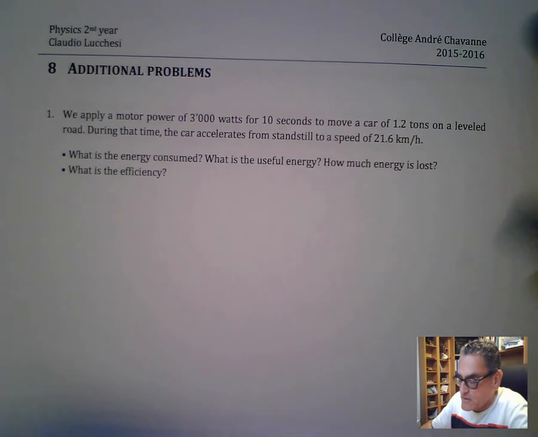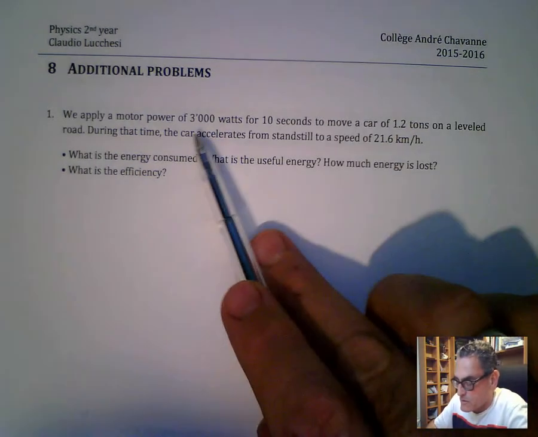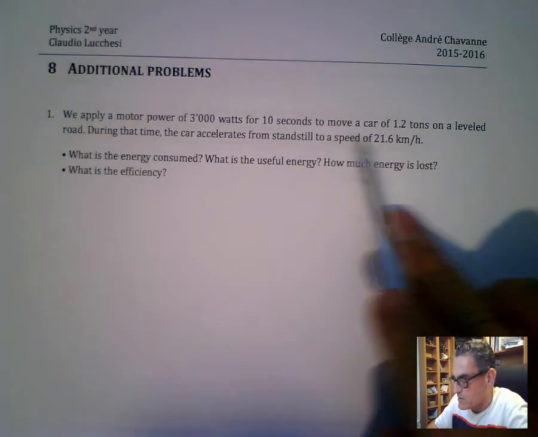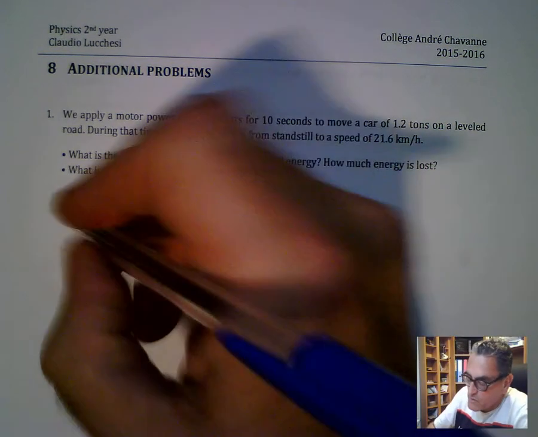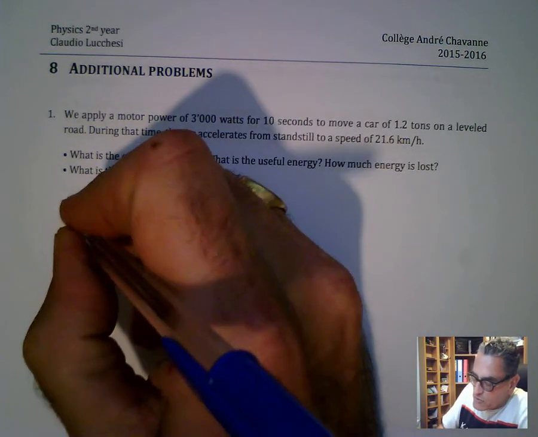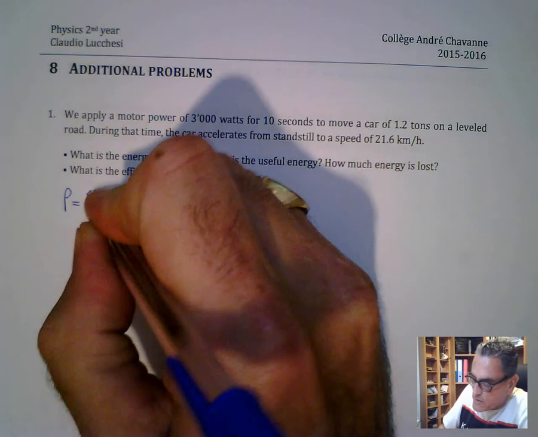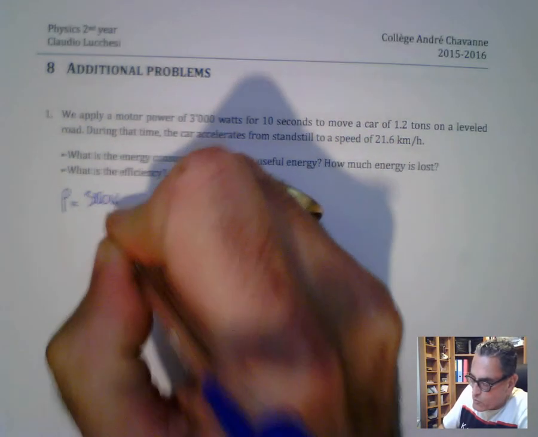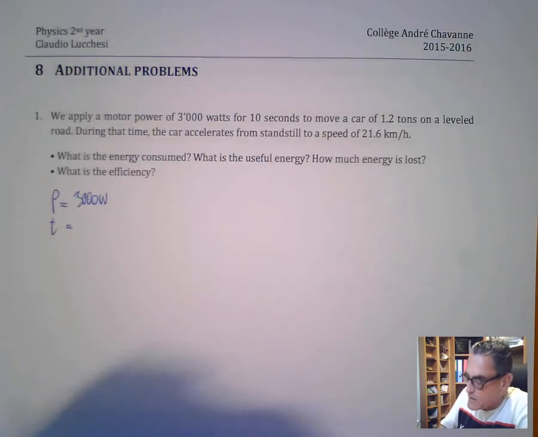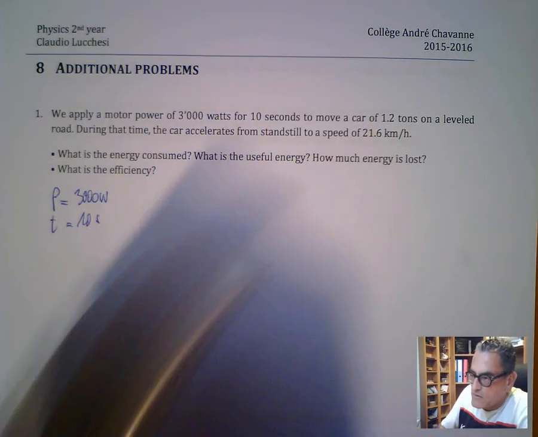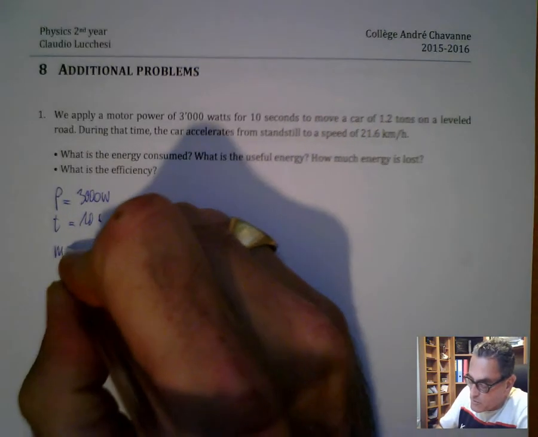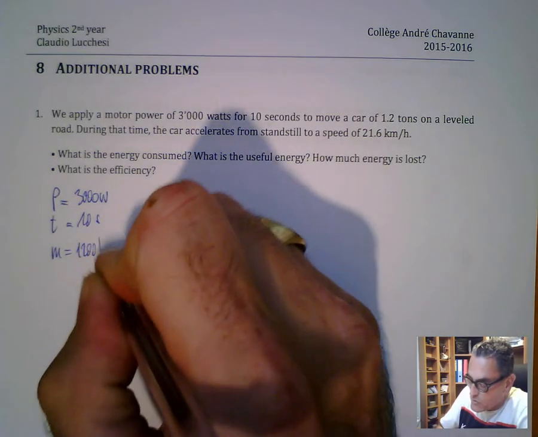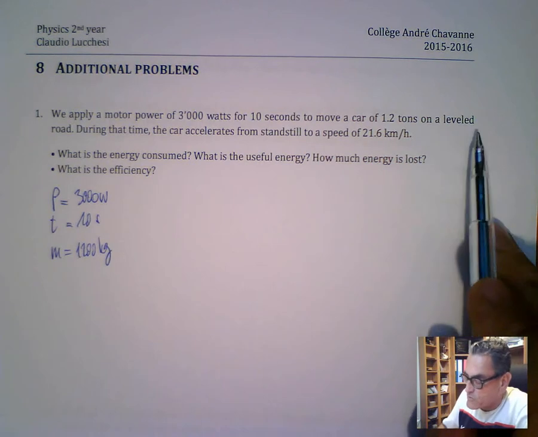First exercise: we apply a motor power of 3000 watts for 10 seconds to move a car of 1.2 tons. Let's write all that. The power is 3000 watts. The time is 10 seconds. The mass is 1200 kilos.